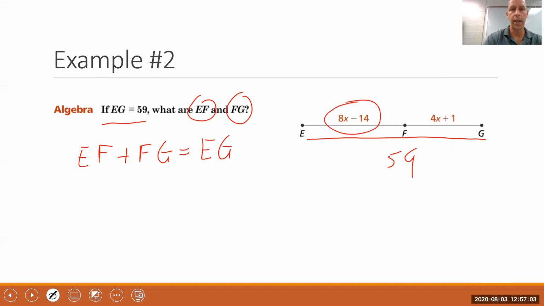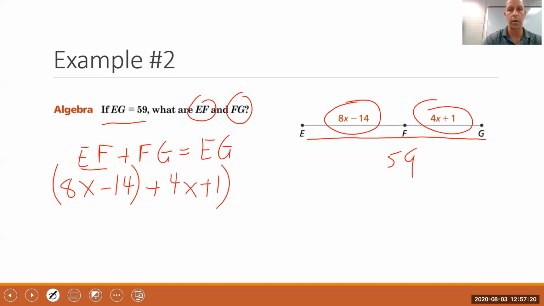Now I'm going to do a substitution. EF is 8x minus 14, so I plugged that in there. FG is this distance, 4x plus 1. And EG's length is 59.